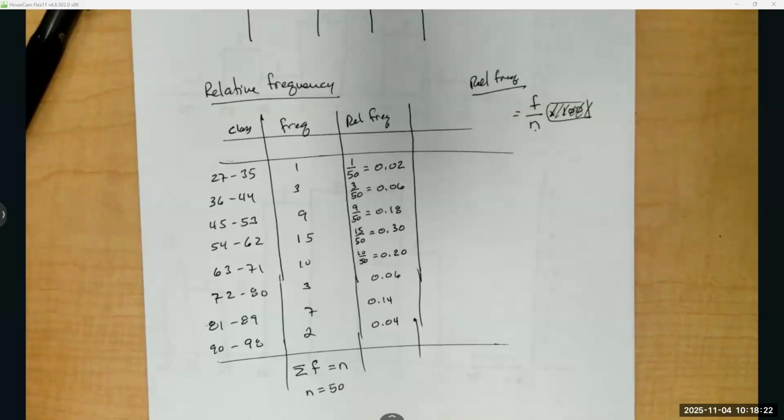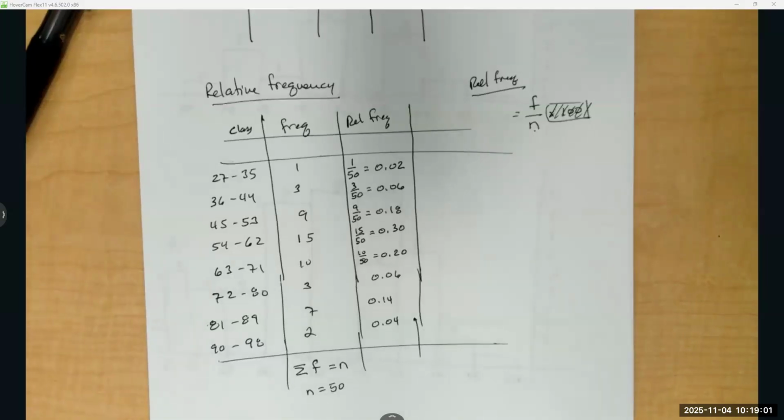What should that equal if you add it all up? You sure? Try it. Yeah, that's your checks and balance number two.